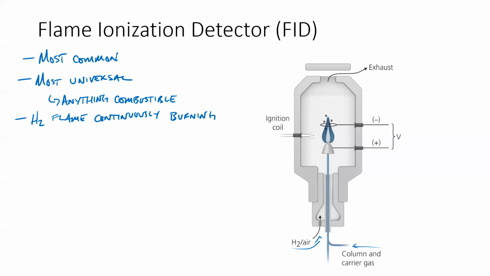But as you pass through this flame, right, unlike in atomic absorption, where we did not want to ionize our atoms, here we absolutely want to ionize our sample. And the sample ionizes in the flame. And that current is detected. And so we generate this current.